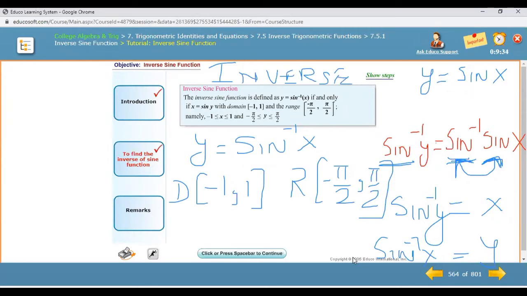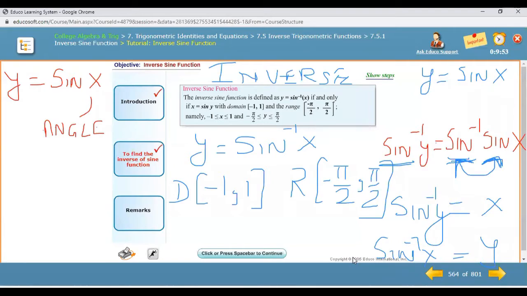Now normally, the function was what? The normal function y equals sine x. In this function, this was the angle.